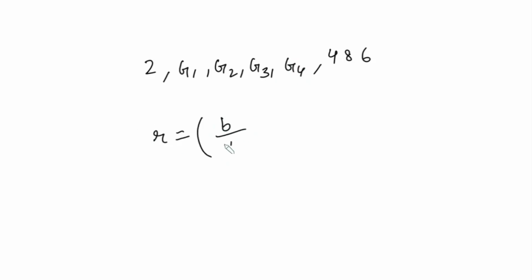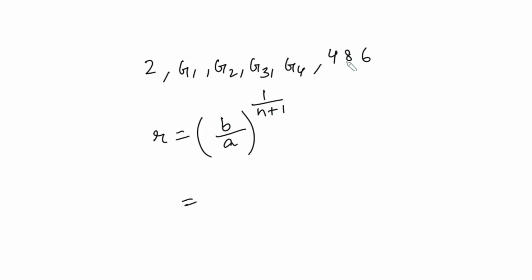Let's look at one example to insert a few GMs between two numbers. So if we have two numbers 2 and 486, and we want to insert four GMs between them, so it will be G1, G2, G3, and G4. Using the formula r equals B over A raised to the power 1 over n plus 1, we can find the value of r.